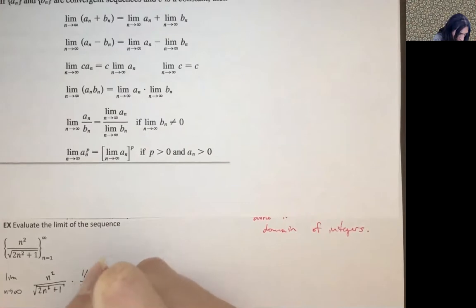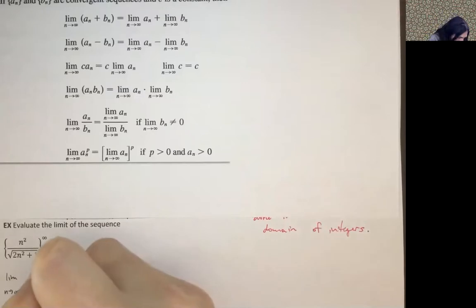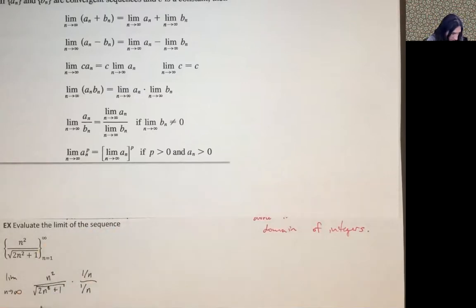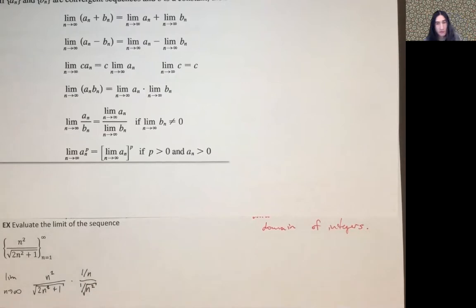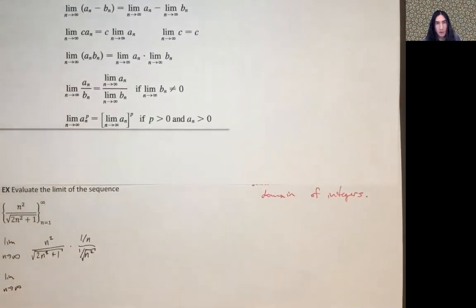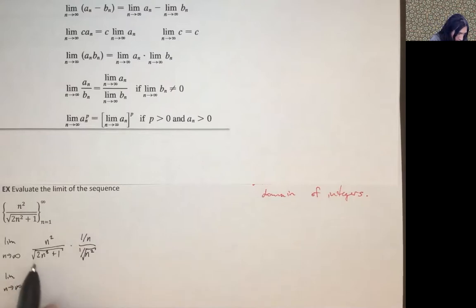This is the technique we learned before we learned about L'Hopital's rule to do these types of limits: multiply by a number to put numerator and denominator on a common footing. Notice the denominator now, if I move this through, because the denominator is the same as 1 over root n squared, will distribute through the two terms in this denominator, leaving me with a 2 and a 1 over n squared.